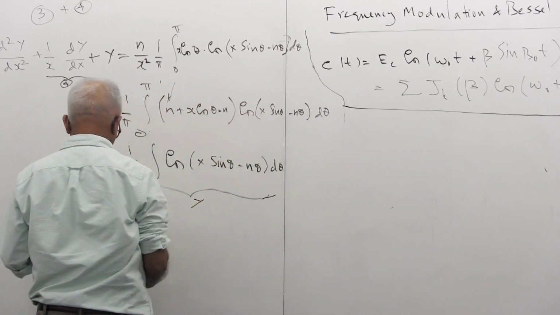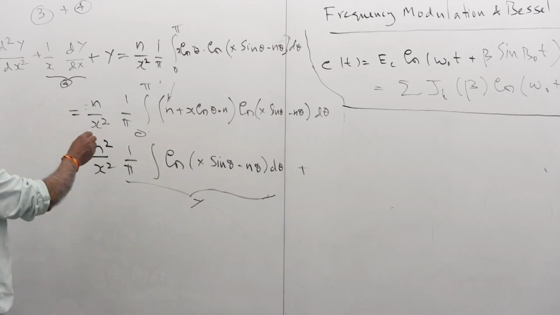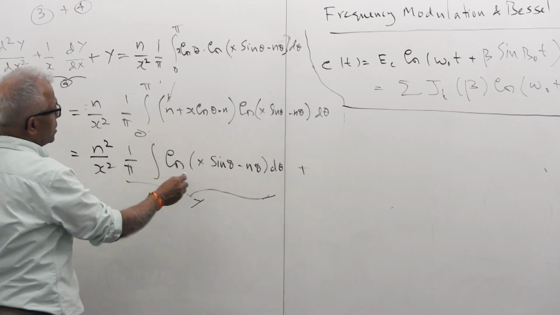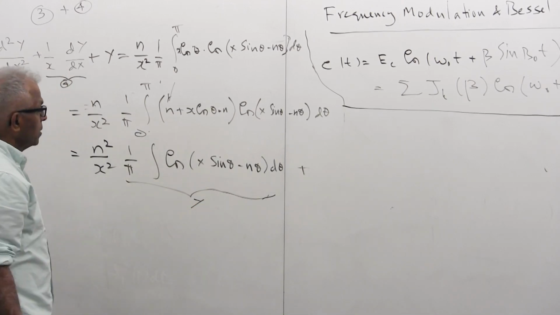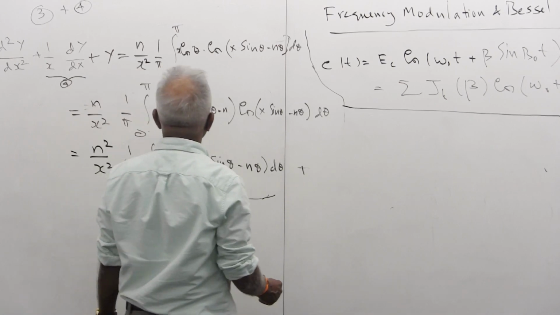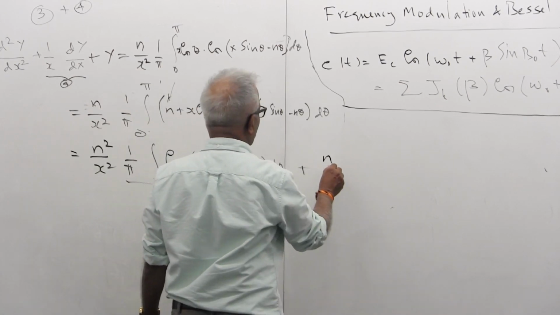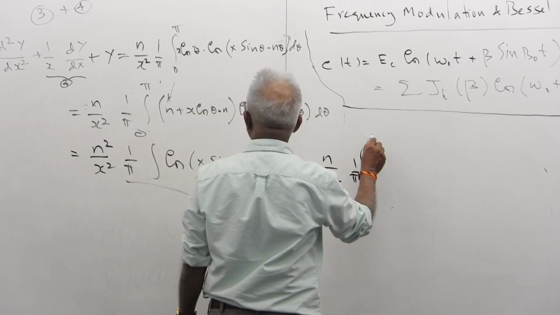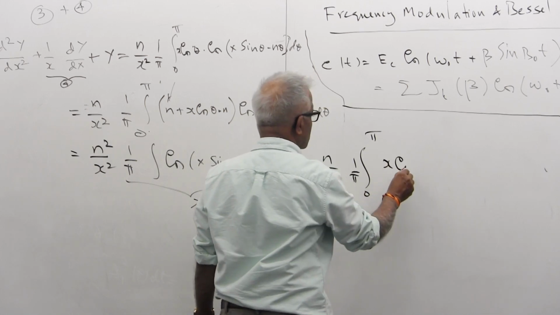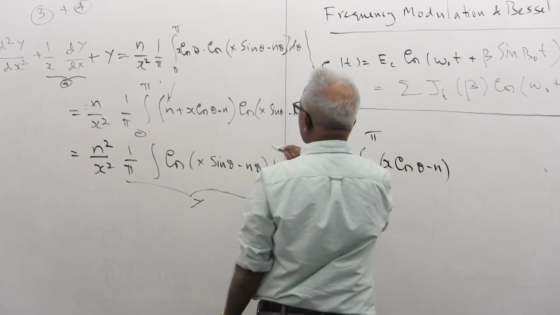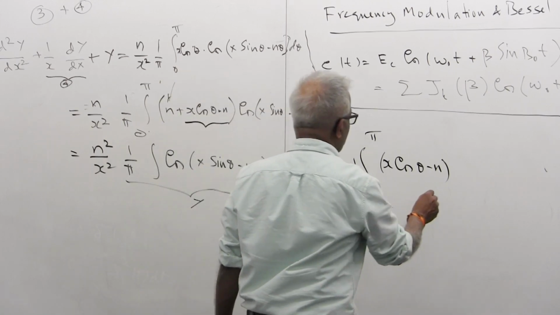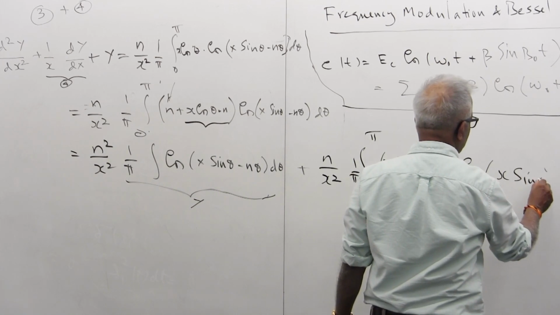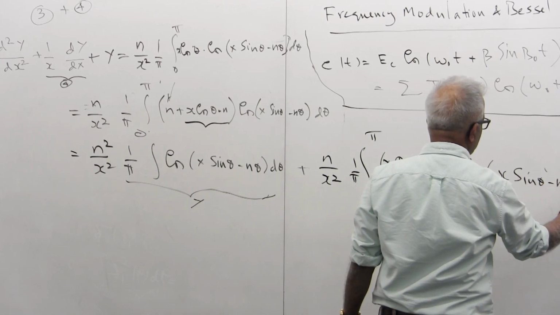If you look here, the first term is n squared over x squared, 1 over pi this quantity, this is y, and the remaining term is n over x squared, 1 over pi integral 0 to pi of (x cos theta minus n) from here, then multiplied by cosine of (x sin theta minus n theta) d theta.